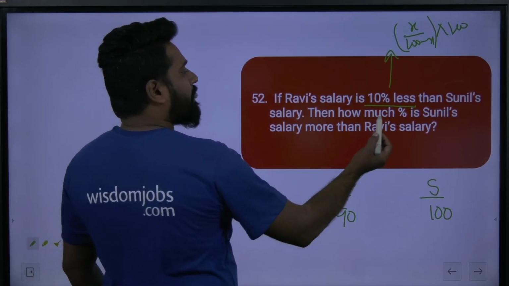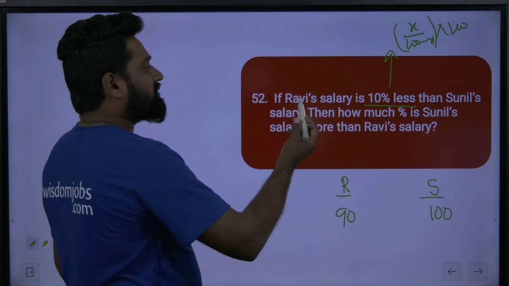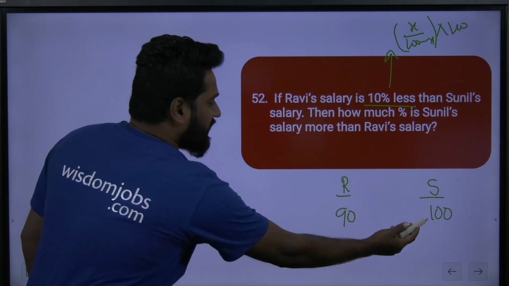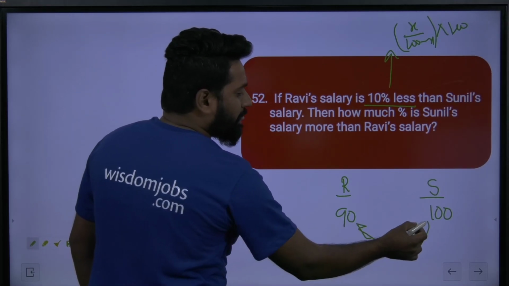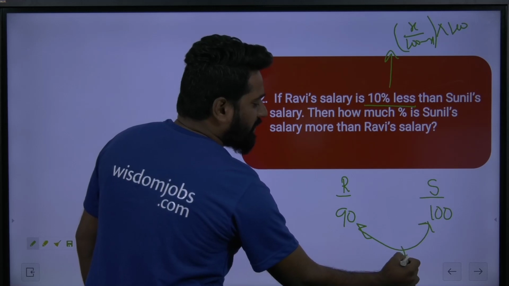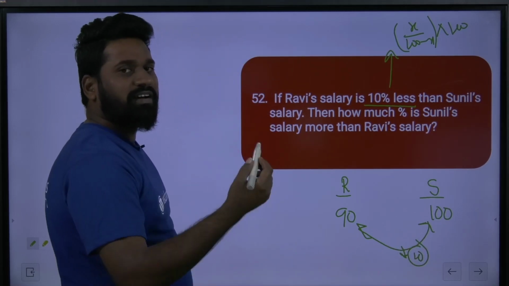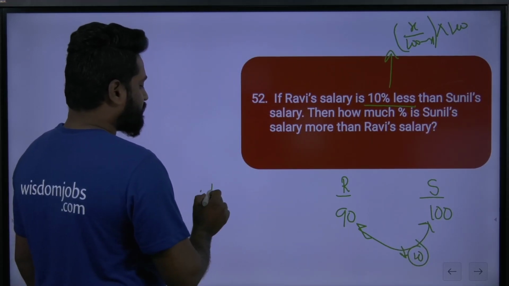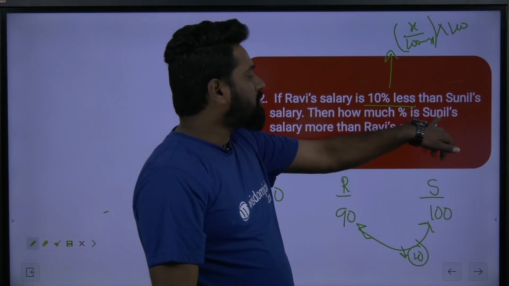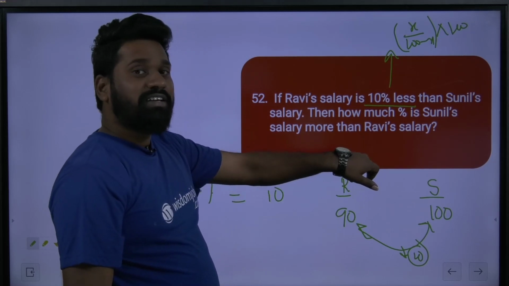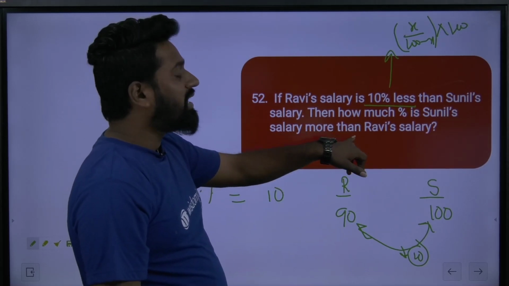Now it is asking how much percent Sunil's salary is more than Ravi's salary. So how many rupees more here? Sunil's salary is more by 10 rupees. Now you can find the percentage. 10 by, again it is comparing Sunil's salary with Ravi's salary. Who is it asking more than? Ravi.